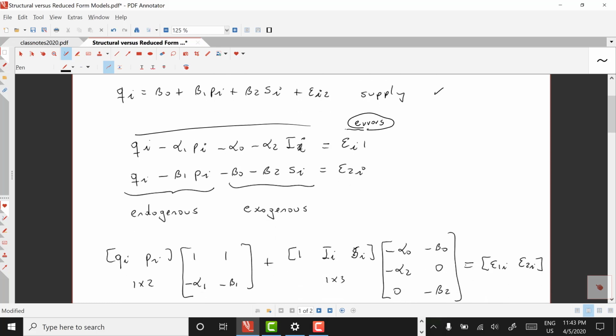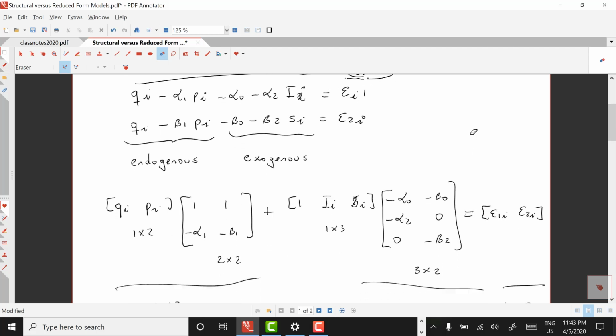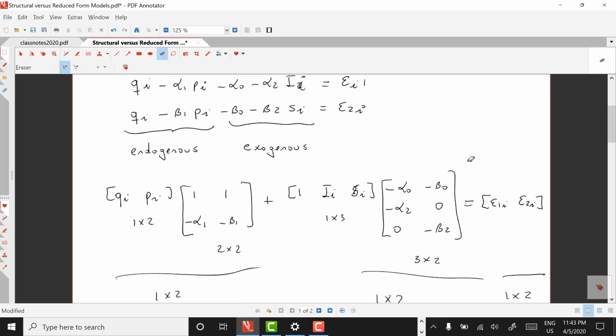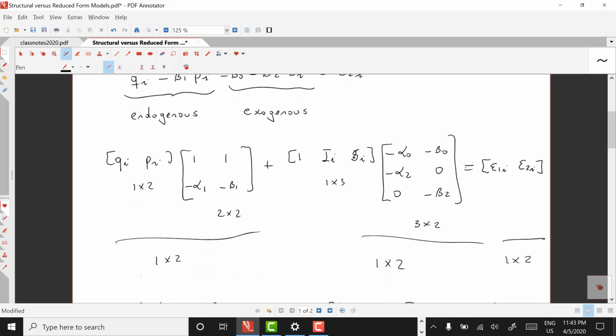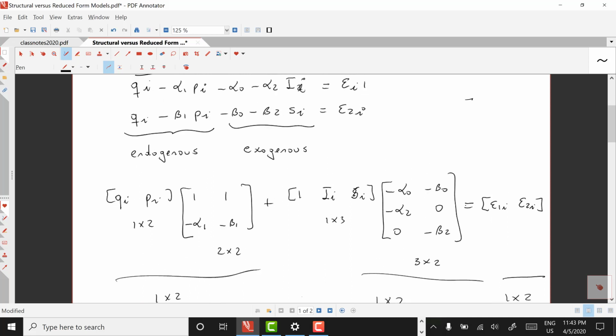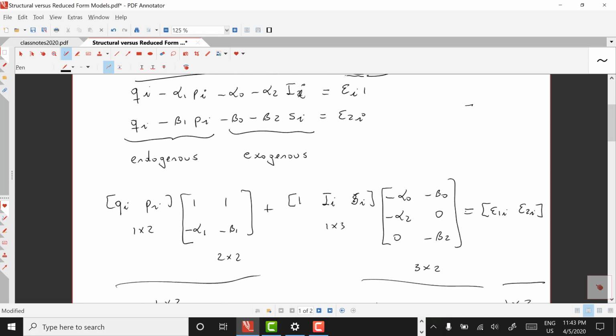Notice also the way that these equations are organized, because we have the endogenous variables to the left and the exogenous variables to the right. When you are studying, it would be good if you can try to replicate this procedure. And after we have rewritten the system this way, we can rewrite it using matrices. So this system of two equations can be written using matrices in this way.